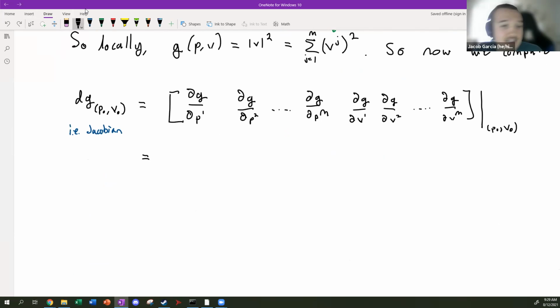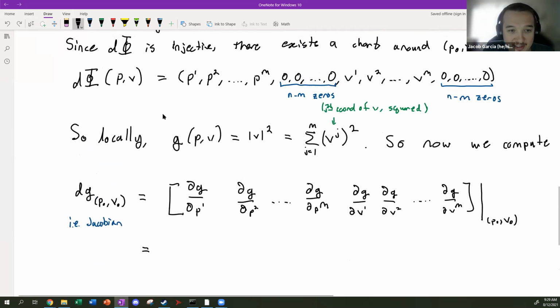Thank you for asking. Okay, so when I evaluate this, I know exactly what G looks like in terms of these coordinates now. Maybe I should even write down what this looks like because it looks very nice. This is just V1 squared plus V2 squared plus all the way up to Vm squared.